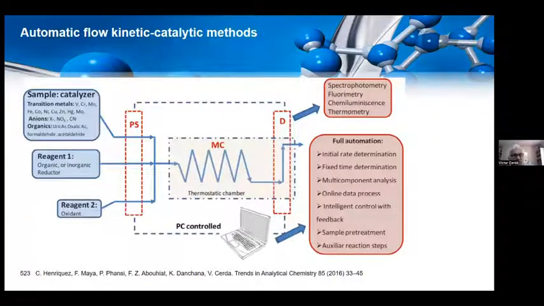An automatic flow kinetic catalytic method is based on the use of a computer to control the addition of the sample and the different reagents. This can be a peristaltic pump, multi-syringe or monosyringe, or solenoid pumps.